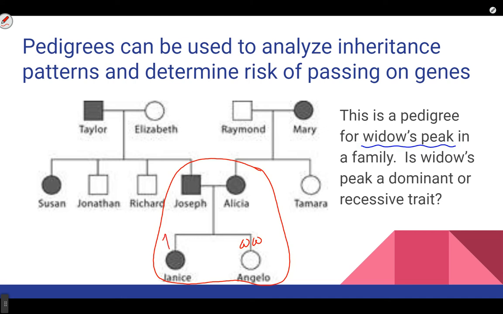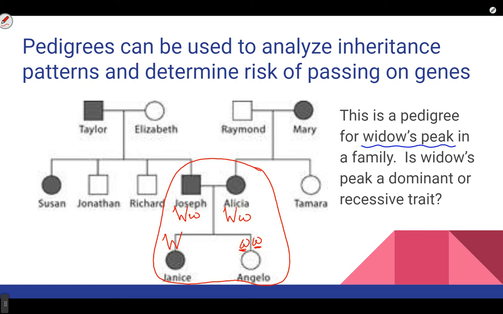In this case, once we know widow's peak is dominant, we know each of these people has to have at least one capital letter. Then you look a generation up and a generation down to try and fill in the rest. So Angelo had to get each of those two recessive alleles, one from Joseph and one from Alicia. So each of them had to be heterozygous.